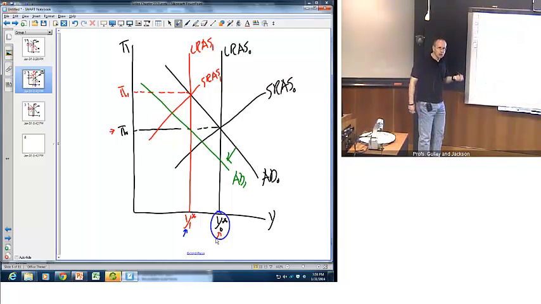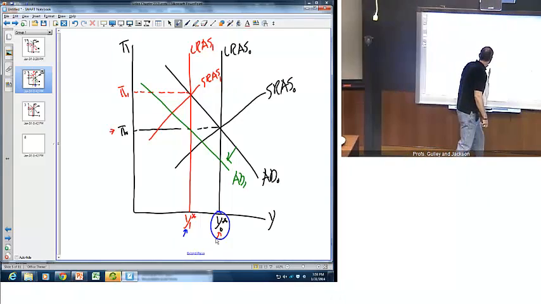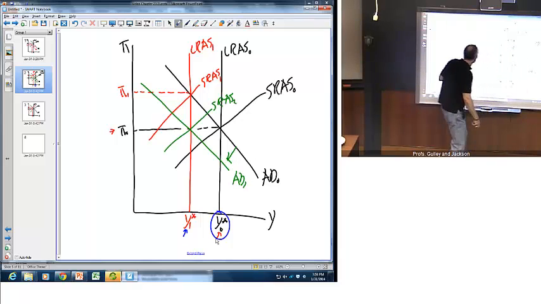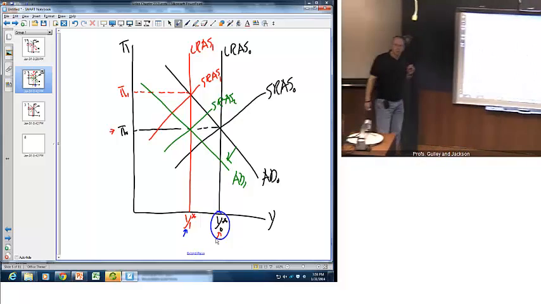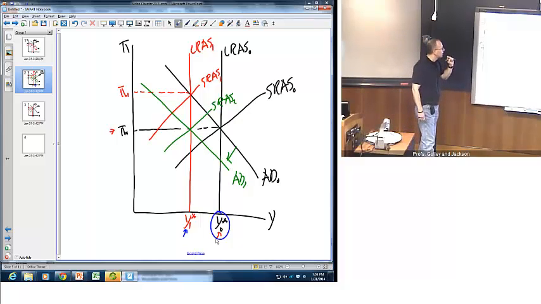Now, this might take a little bit of time to actually occur, but the Fed would be able to stabilize the economy around the old level of inflation, pi 0, and at the new equilibrium level of real GDP. Again, the crucial point here is this. The Fed cannot do anything about the new lower level of real GDP.